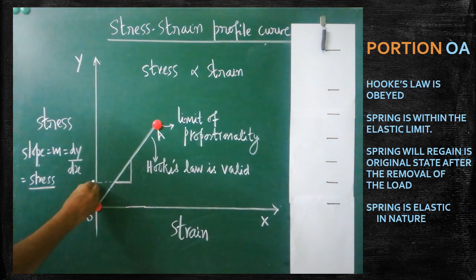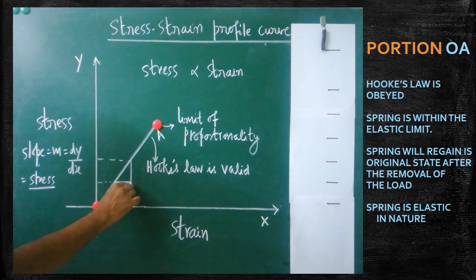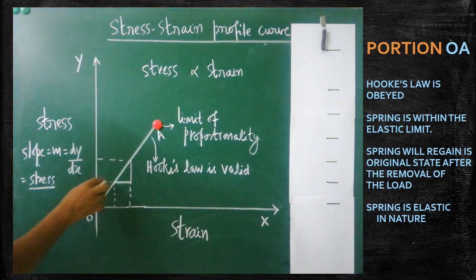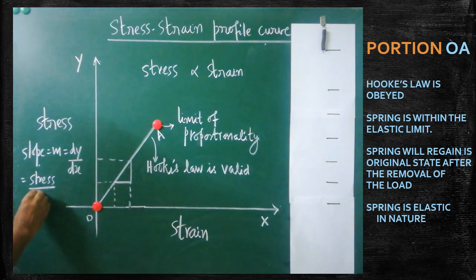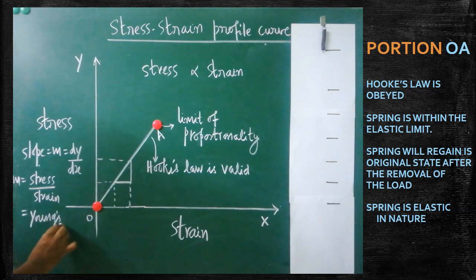Look at that. This difference gives you the stress, this difference gives the strain. If you calculate the difference in stress and strain, you will get the slope value. That slope value gives a new quantity called, what is this? Young's modulus.